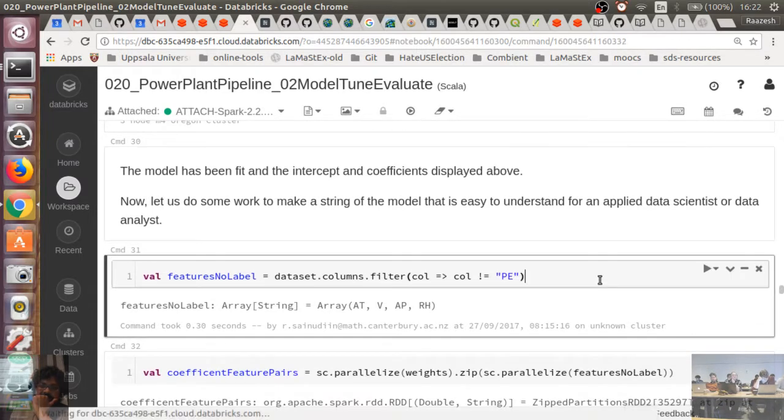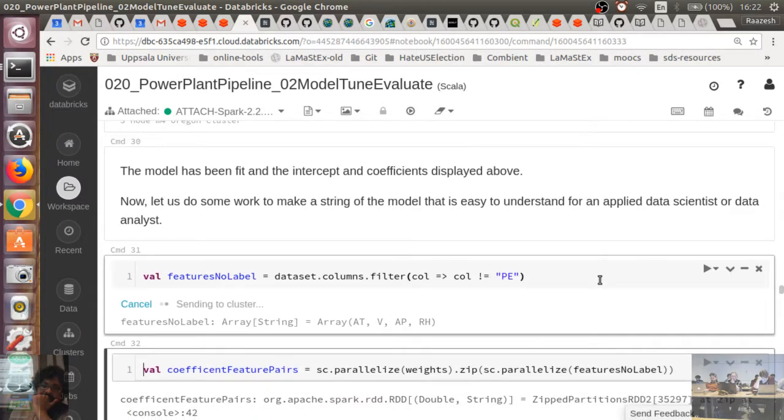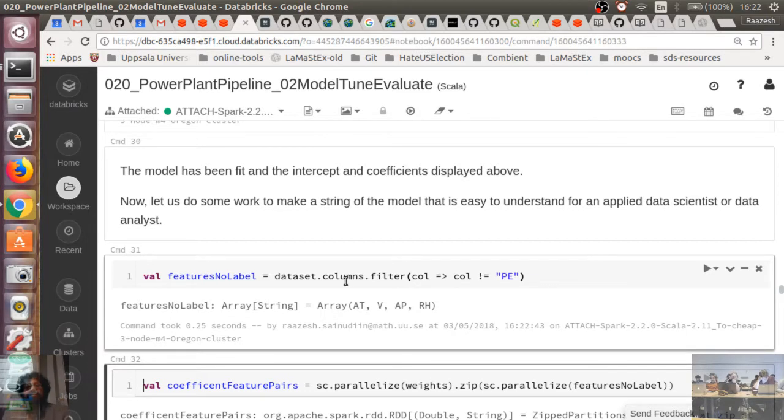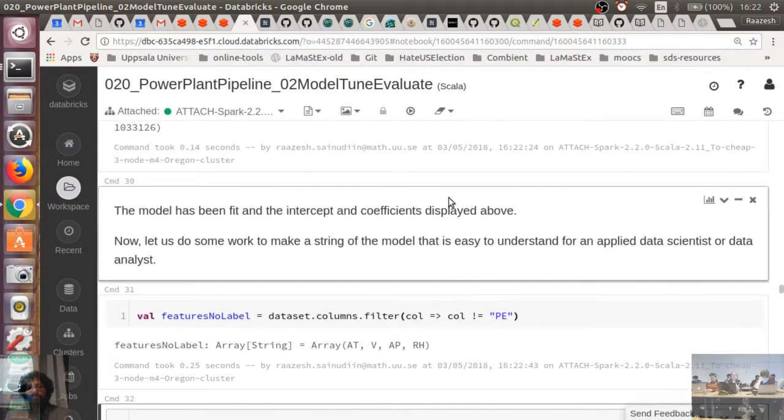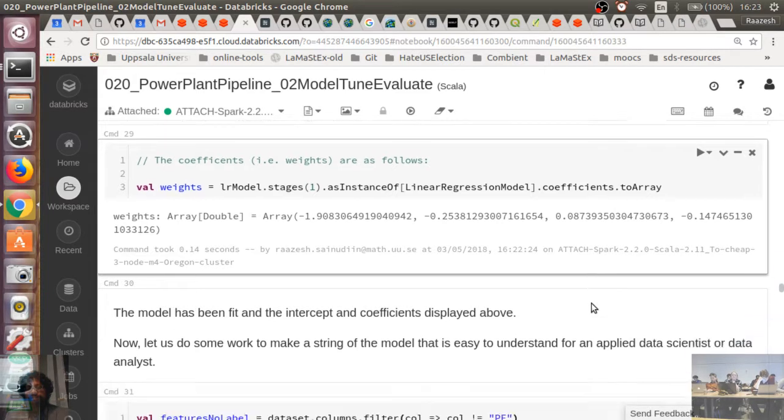I can ask .columns, which will give the names of the columns, and I'm filtering by every column that's not the power output, so I know it's the atmospheric temperature, vacuum, pressure, relative humidity. Those are my 4 coefficients that this thing is throwing at me.